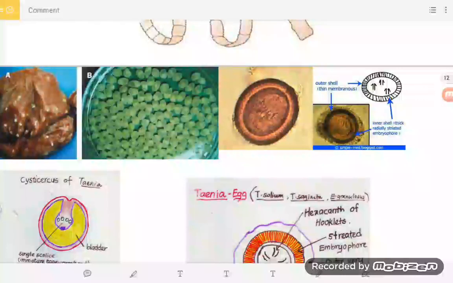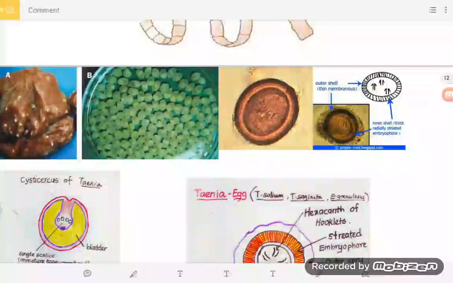B is after taking the Cysticercus cellulosae, and this is the appearance after removing the Cysticercus cellulosae.